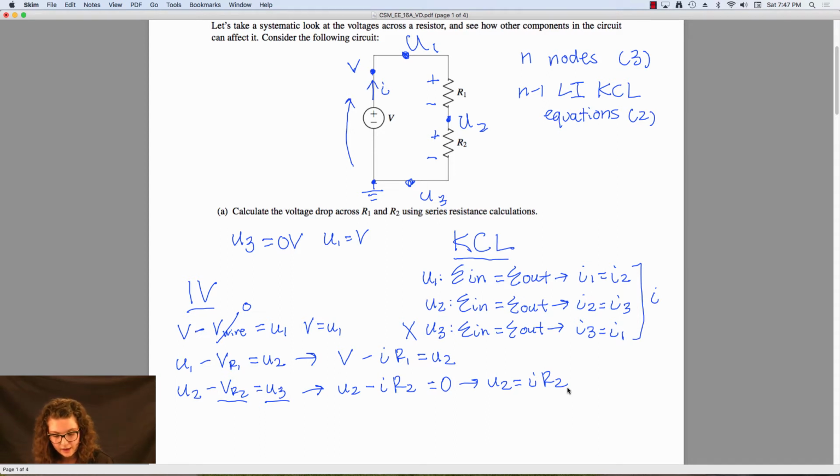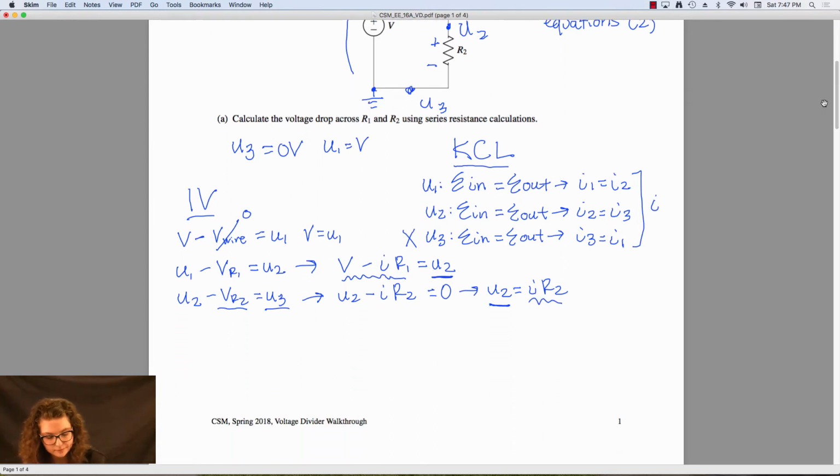I notice here that I have U2 isolated on one side of the equal sign, and I also have U2 isolated on this side of the equal sign. Because both of these expressions are equal to U2, I can set them equal to each other. So I can say that V minus IR1 is equal to IR2.